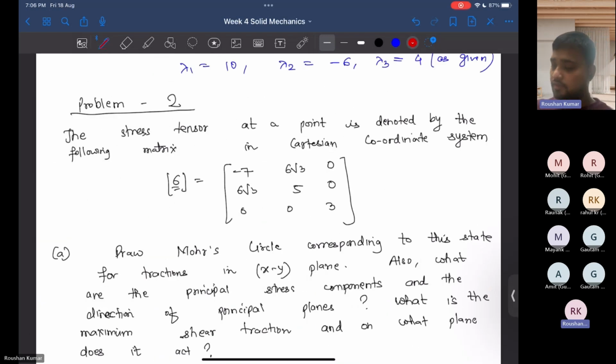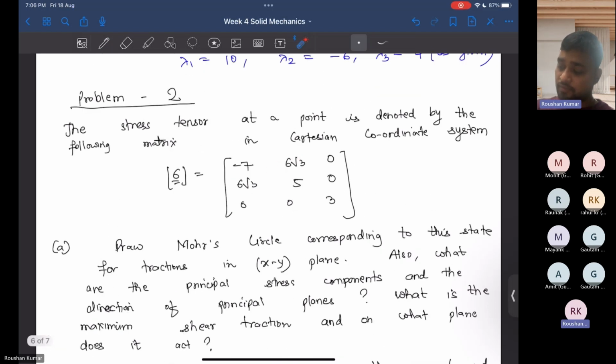Now from the stress matrix we know the components of normal and shear stress on the x plane. The normal stress component on the x plane is minus 7 and the shear stress component is 6 root 3.